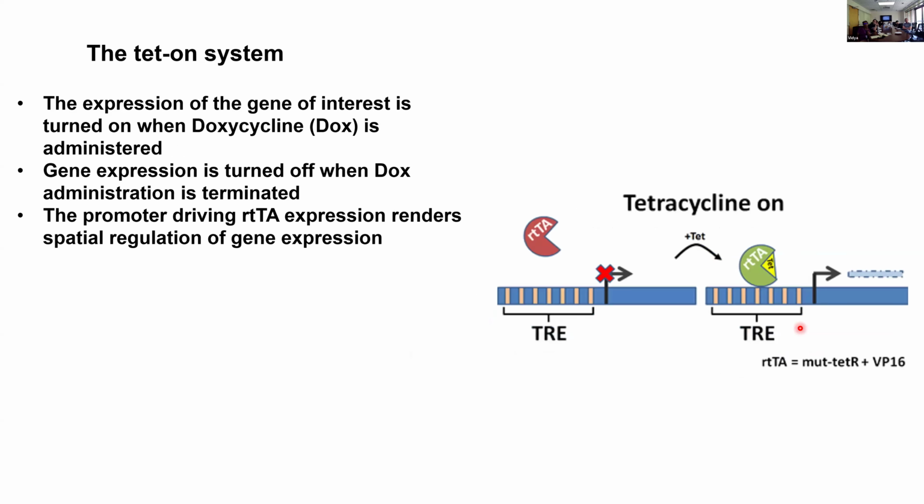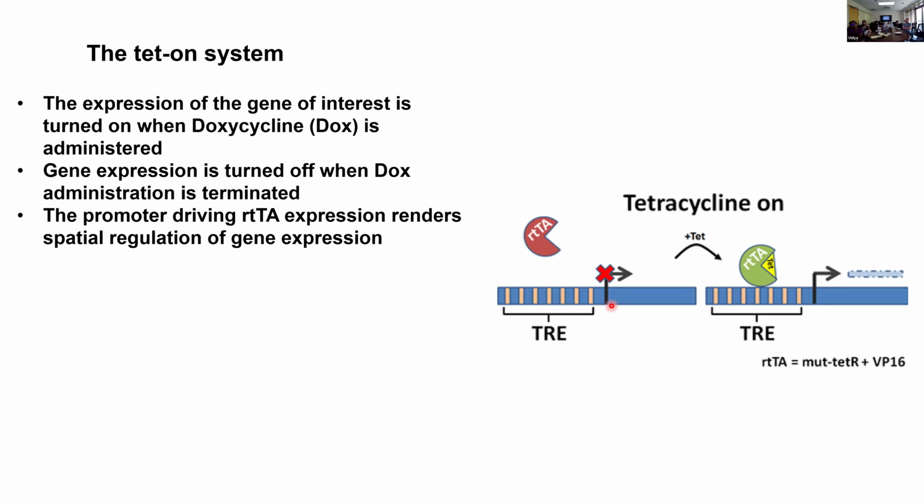When you add TET, gene expression is turned off. Alternatively, later on, people also developed the TET on system. Again, I'm making this up: you have a Ring1D promoter driving rtTA expression, and then you have your gene of interest, the same construct as we talked about before. Normally, this rtTA by itself cannot bind to the TRE, and therefore gene expression is turned off.